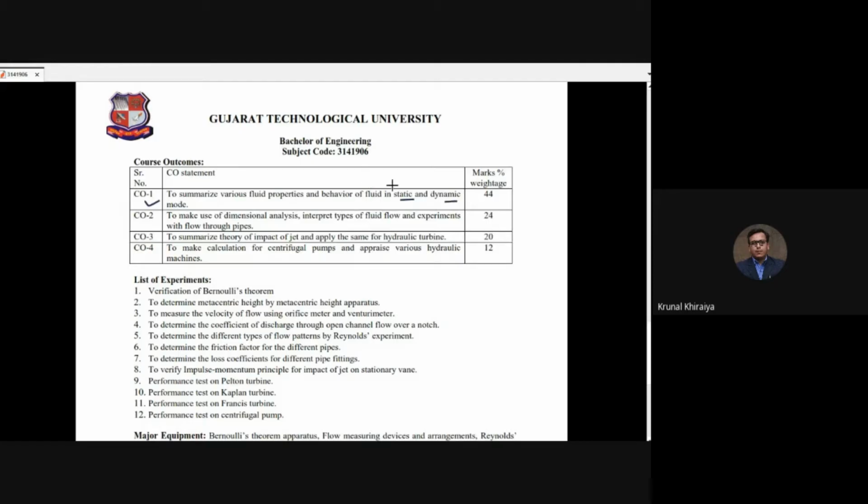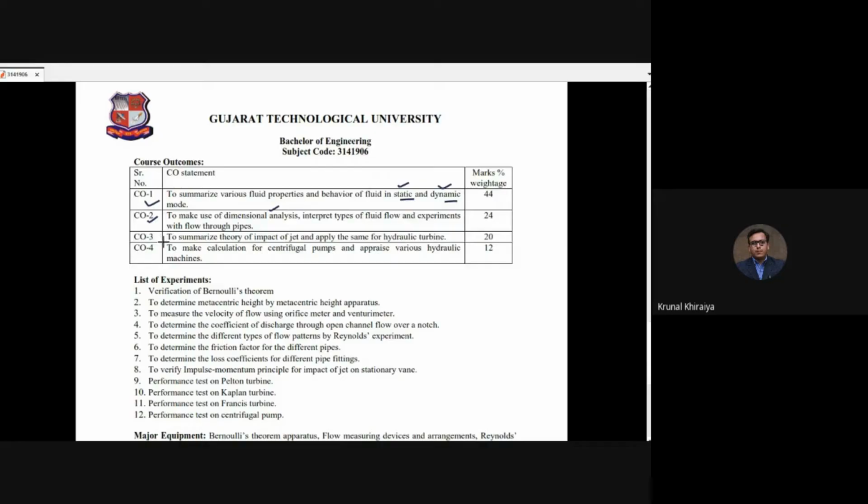There is a static portion and there is a dynamic portion, so you are learning both. Then CO2 is to make use of dimensional analysis, interpret the types of fluid flow, and experiment with flow through pipes. You will be able to carry out all three things mentioned here.